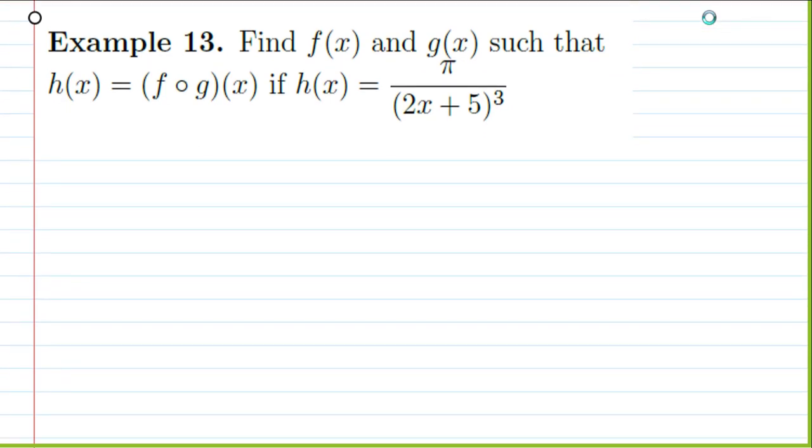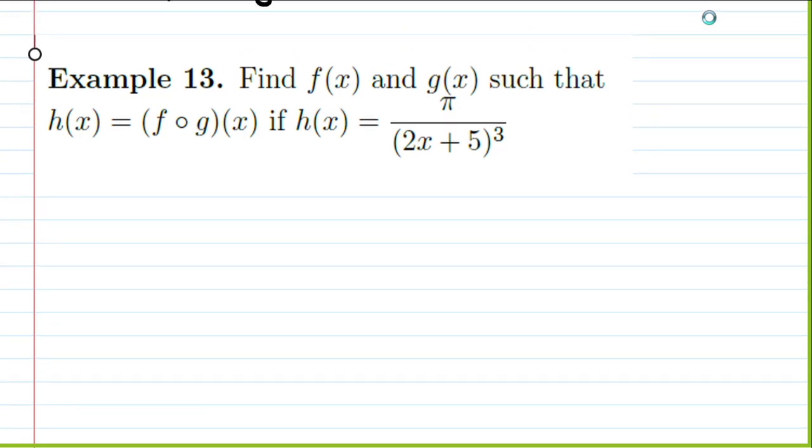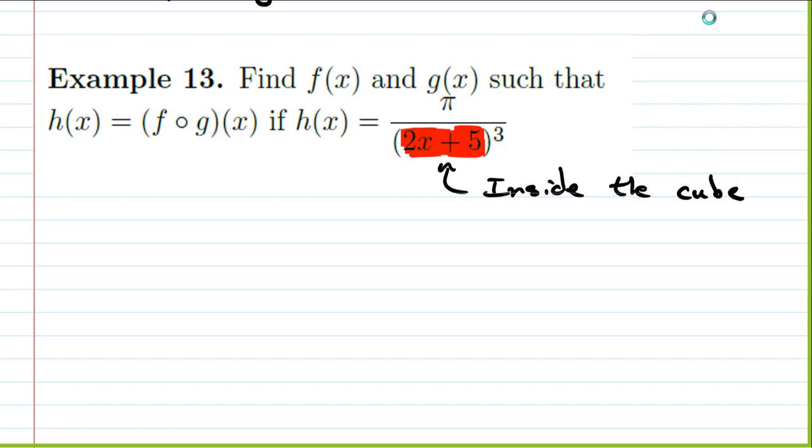Find f of x and g of x such that h of x is equal to f circle g of x, if h is equal to pi divided by (2x plus 5) cubed. So we need to look for something that is inside of something else. Well, we have a 2x plus 5, which is inside the cubing function. So that is our candidate for g of x.